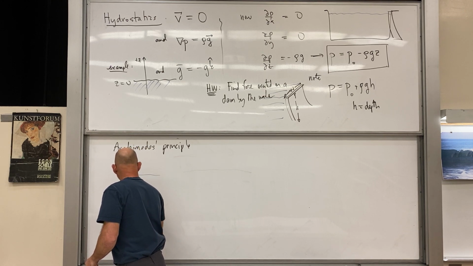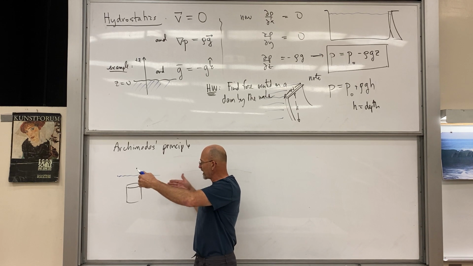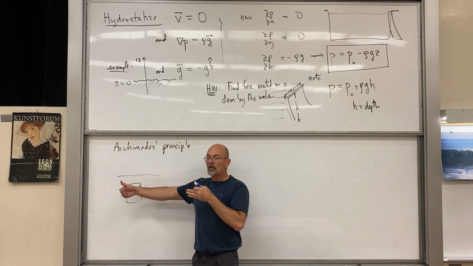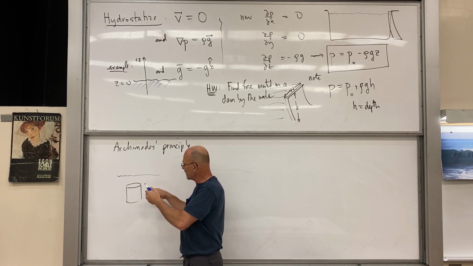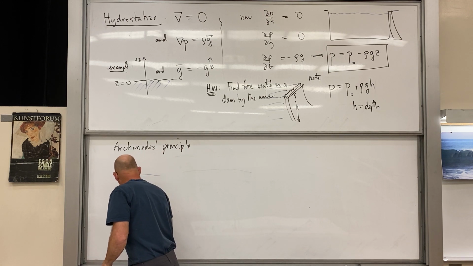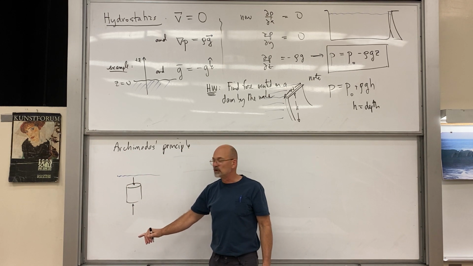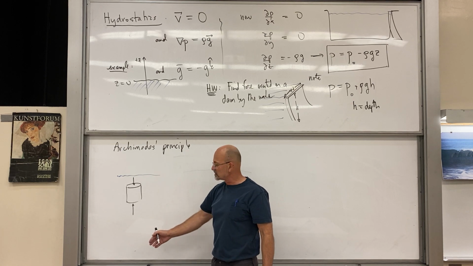Okay, imagine you had some cylindrical object, and then all the forces due to the pressure horizontally are just going to cancel each other. But what you're going to have is a greater force on the bottom than you have at the top, simply due to the gradient in the pressure. Okay?